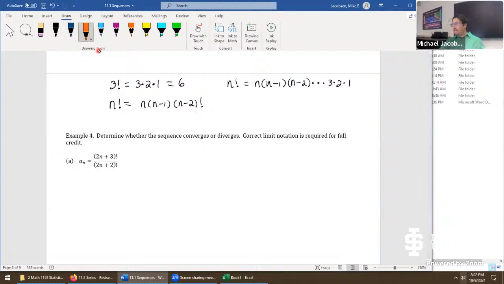If we do an example with an actual digit, we would say something like 5 factorial is 5 times 4 times 3 times 2 times 1. But you could also say it's equal to 5 times 4 times, well, 3 times 2 times 1 is 3 factorial. And that's an appropriate thing to do. Sometimes we need to do things like that if we're simplifying a function like the one down below there.